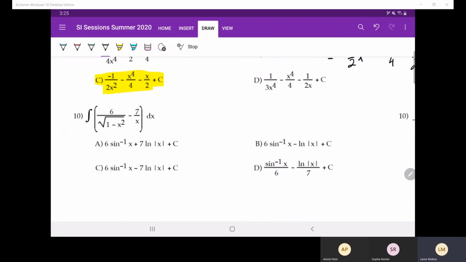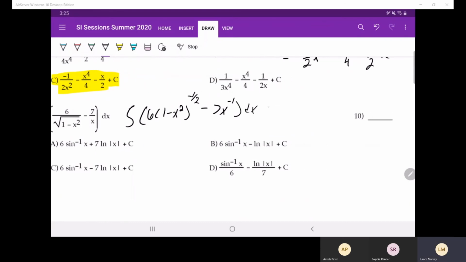Oh, yay. So this will equal the integral of 6 times 1 minus x squared to the negative 1/2 minus 7x to the negative 1 dx.